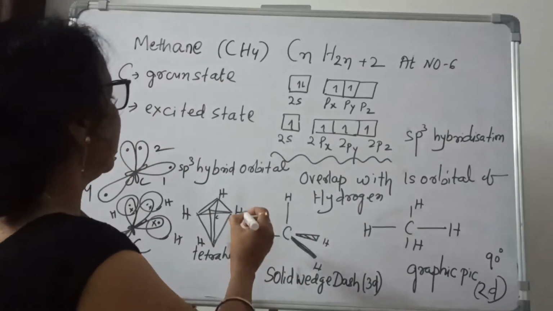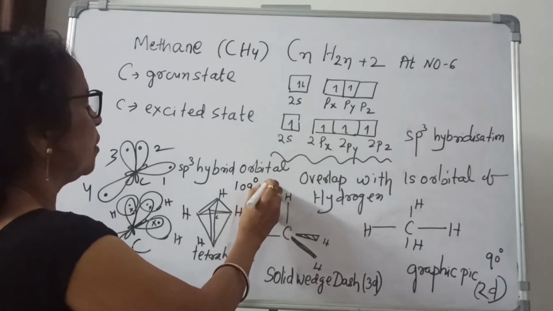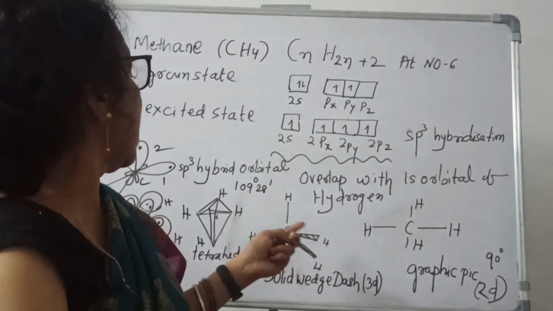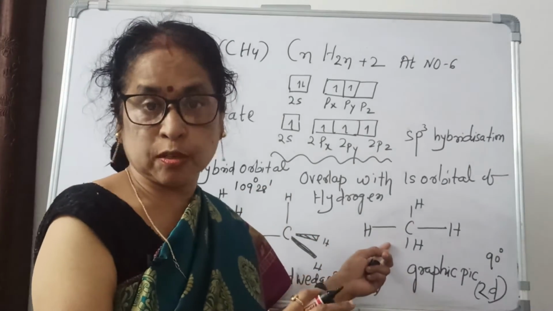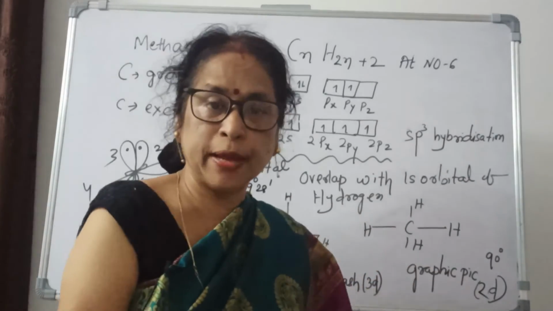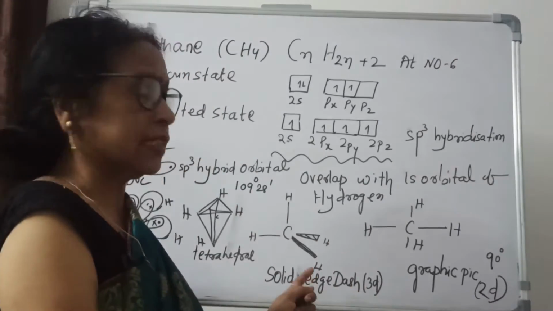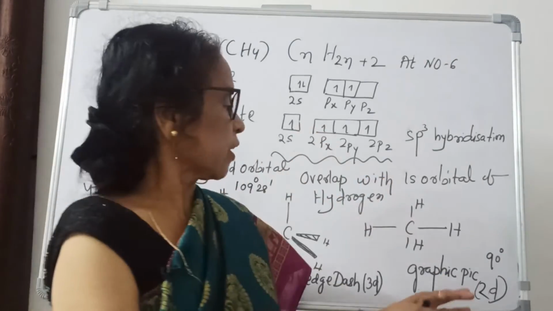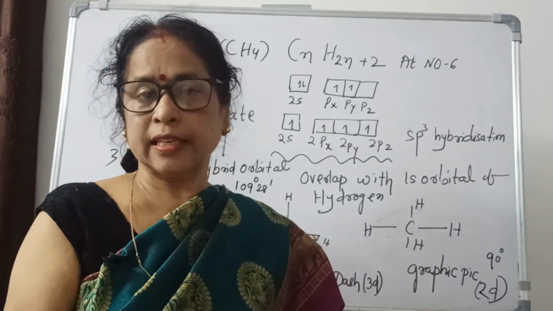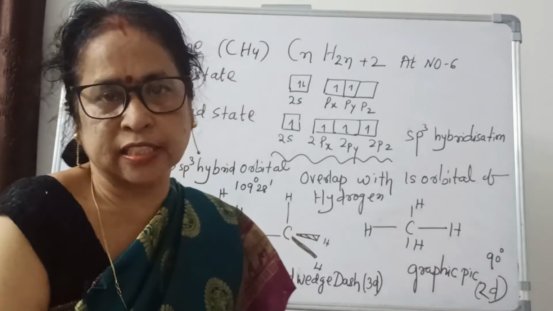It is 109 degrees 28 minutes. So the 90 degrees here is not correct, and that is what is called the graphic picture. It is also called 2D, two dimensional. The real structure is 3-dimensional, in space, whereas in 2D the angle is 90 degrees. It only indicates a graphic picture, but actually it does not exist.